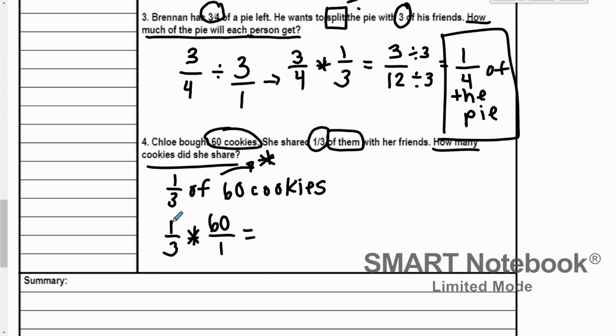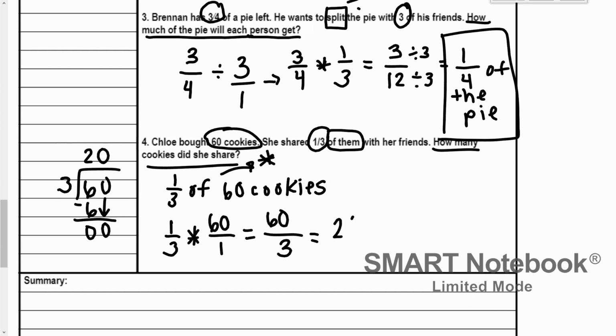We multiply across, so we do 1 times 60 is 60, 3 times 1 is 3. 60 divided by 3, or we ask how many times can 3 go into 60. If we're not sure, we can pull it to the side and do the division. 3 can go into 6 twice. Bring down our 0. 3 can go into 0, 0 times, no more numbers to bring down, no remainders. It's going to be 20 cookies.